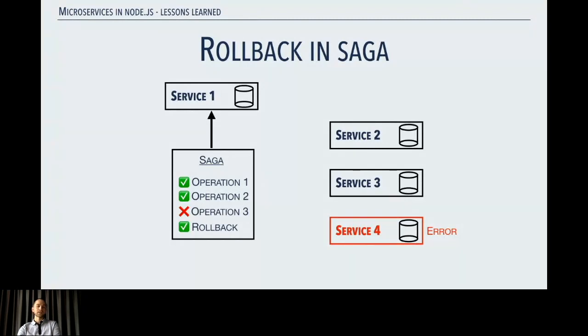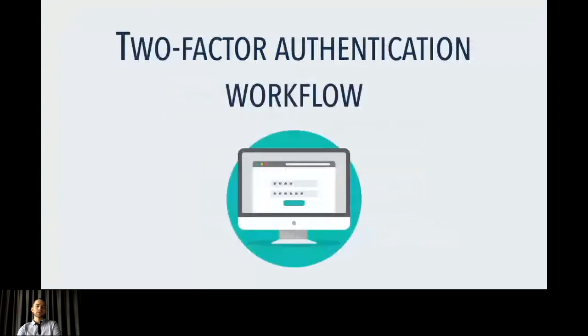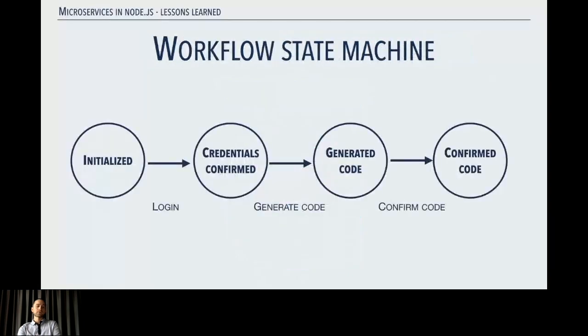So we are using SAGAs in our system, and we are using something called workflows to handle some complex business processes. I'll show you that using an example with 2FA authentication. With workflows, we define kind of state machines, which tell us what kind of states we can have in the system and what kind of transitions might occur between those states.